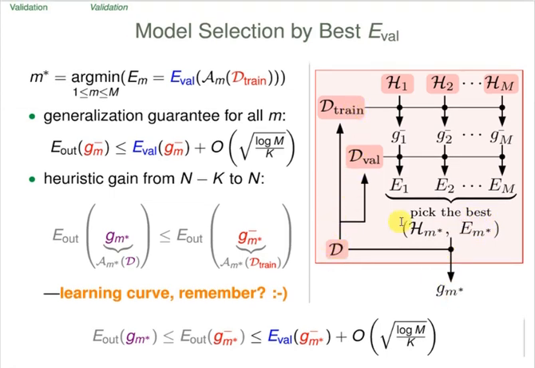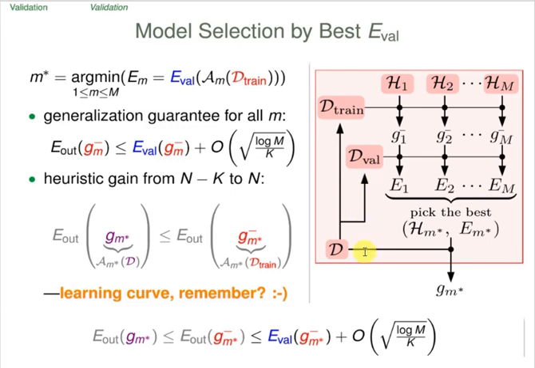In this case, selecting H_m star using the best E-validation error performance uses D-train and D-validation. We can also consider using the entire training dataset without splitting and selecting g_m star, let's say. So we are comparing two different approaches. Note that the given dataset has N points, right? And D-val takes K points, and the remaining data points, N minus K, represent the amount of training data left for D-train.